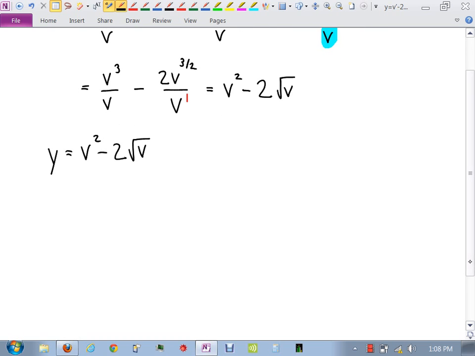And if I go for the derivative now, I get 2v minus 2 over 2 root v. And that's because the derivative of the square root of v is 1 over 2 root v, right? And then the 2's are going to cancel.